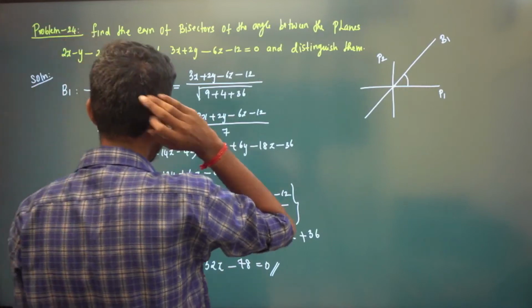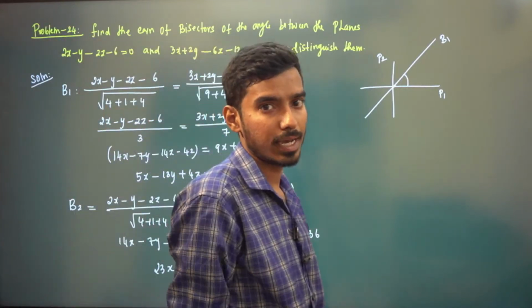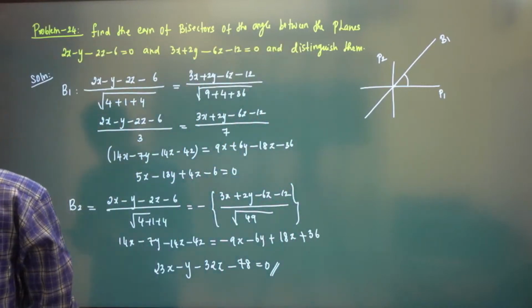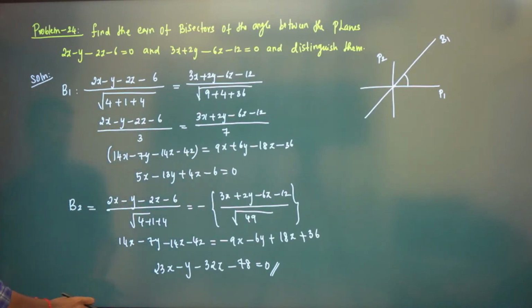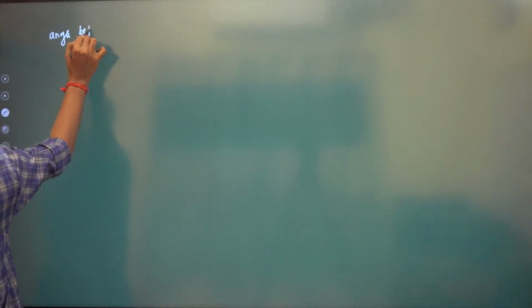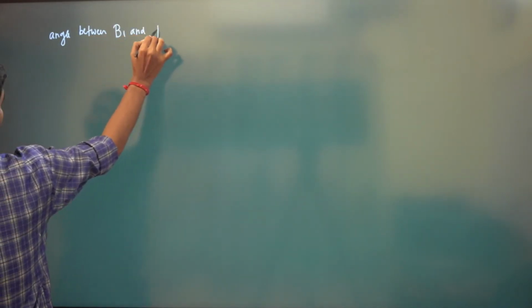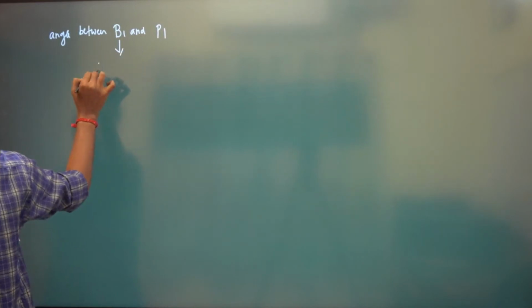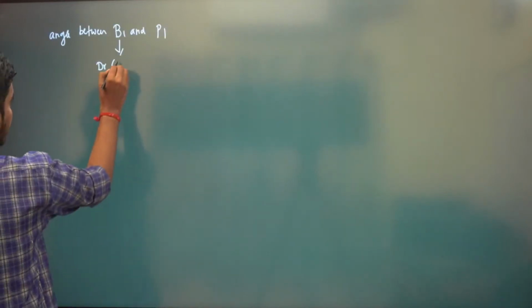So first, what we'll do is we will find the angle between B1 and P1, that is, we will find tan theta between B1 and P1, right? Okay. Now what is the direction ratio of B1? 5, minus 13, 4, right?